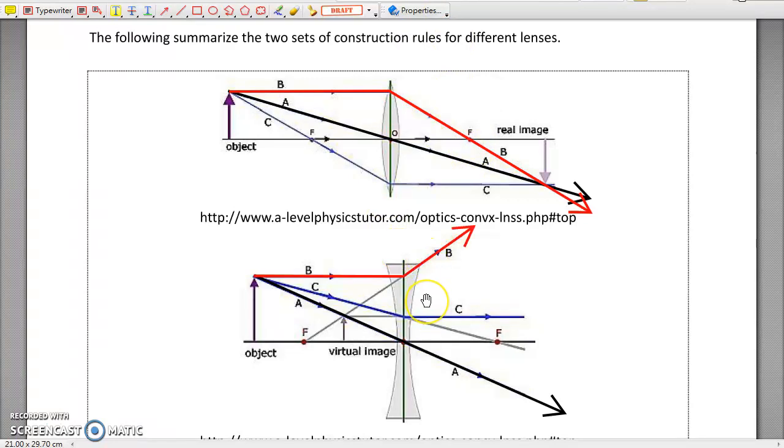For the concave lens, on the other hand, it will be refracted in this way, so that it appears to come from the focus. For the last one, when a light ray passes through the focus and strikes a convex lens, it will be refracted in a direction parallel to the principal axis.